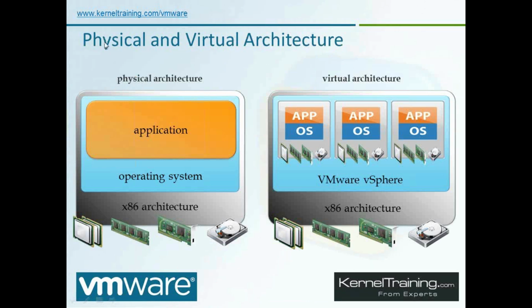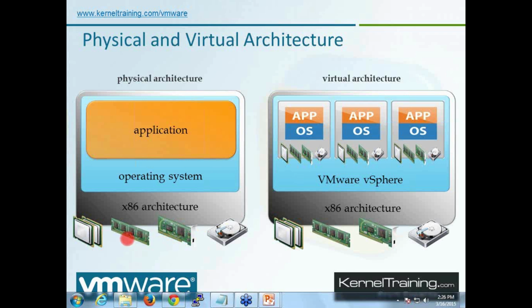Let's try to find out what is the difference between physical and virtual architecture. It's quite simple. Generally, in a physical architecture, I'm having a disk, a NIC card, a RAM, and a CPU. All that will be utilized by one operating system and one application.